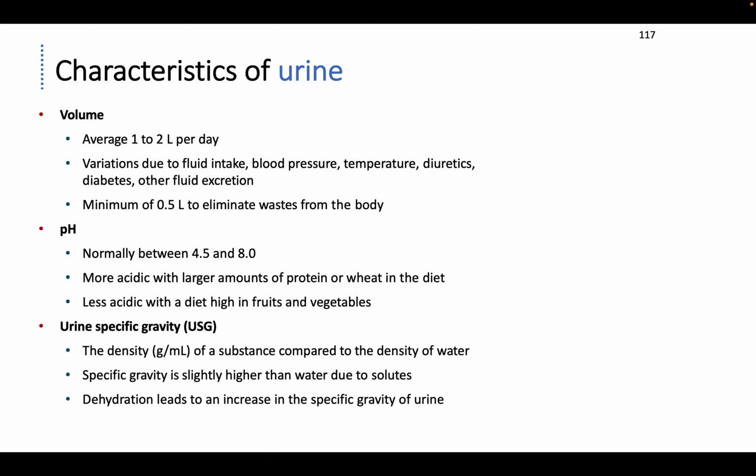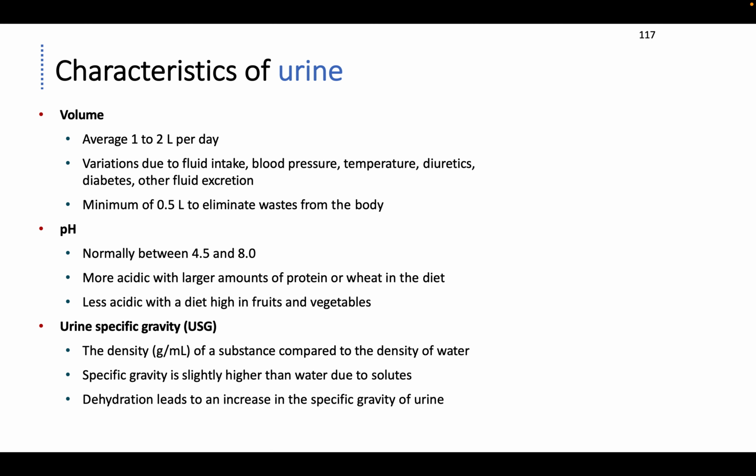Or if we're alkalotic in the blood, so we're too basic, we can reabsorb more hydrogen ions, or we could secrete more bicarbonate or filter out more bicarbonate, and thus help with the pH of the blood, and that would then influence the pH of the urine itself, right?